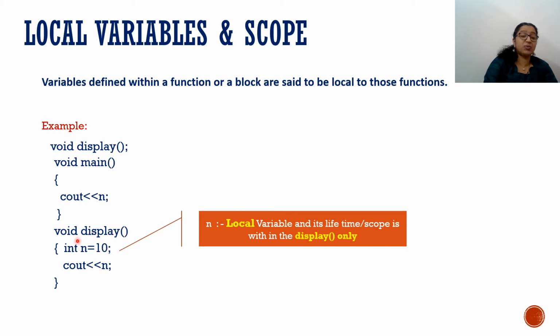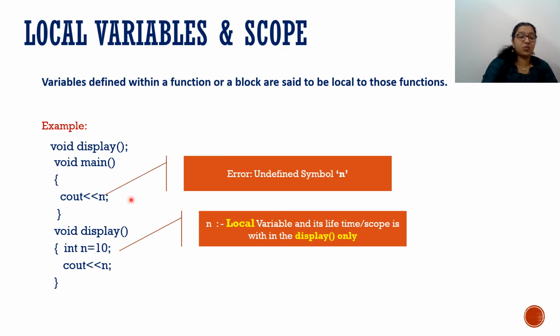N can be accessed only through the display function. Main can't access this one. So cout n in main is an error. What is the error? Undefined symbol n. Main can't access that n. It is a local variable of the display function. Clear now? So this is called scope of variables.